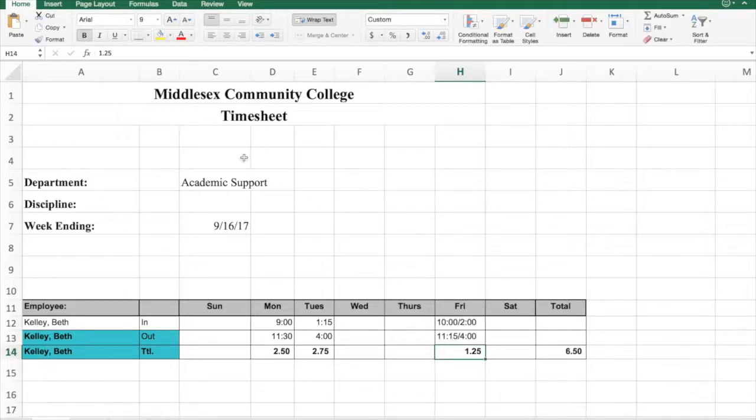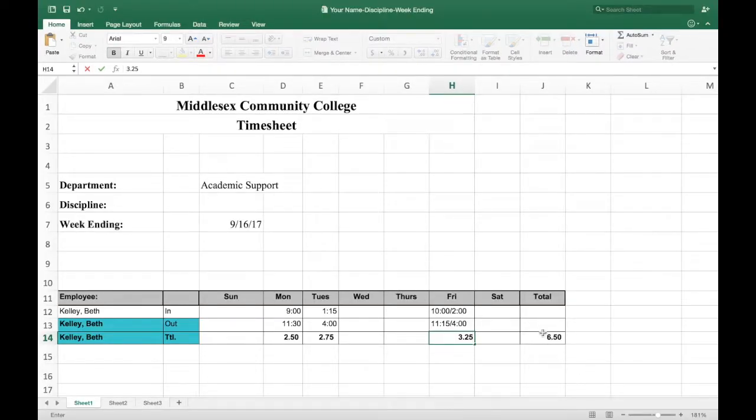Our total now is the 1.25 hours from the morning plus an additional 2 hours in the afternoon for a total of 3.25. And again, notice how the total here updates to 8.5.